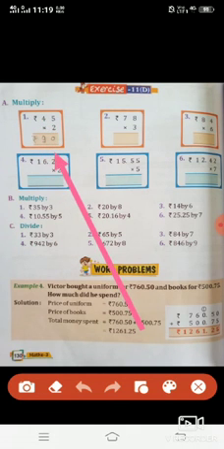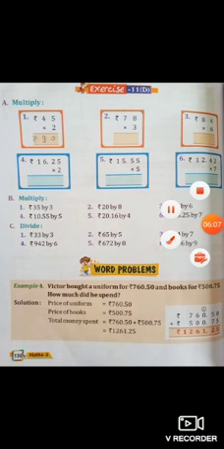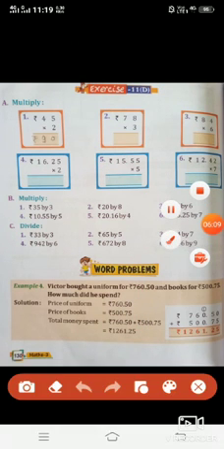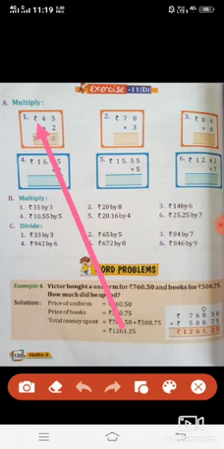So the answer is 90 rupees. In the same way students, you will solve question number 2, 3, 4, 5 and 6, and you will solve question number B like question number A.